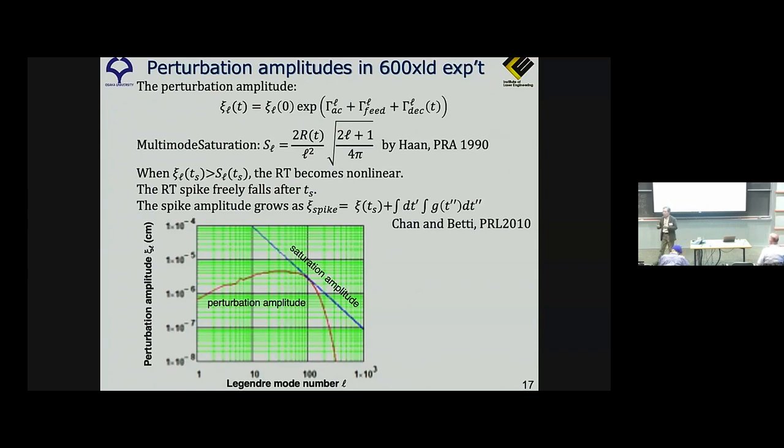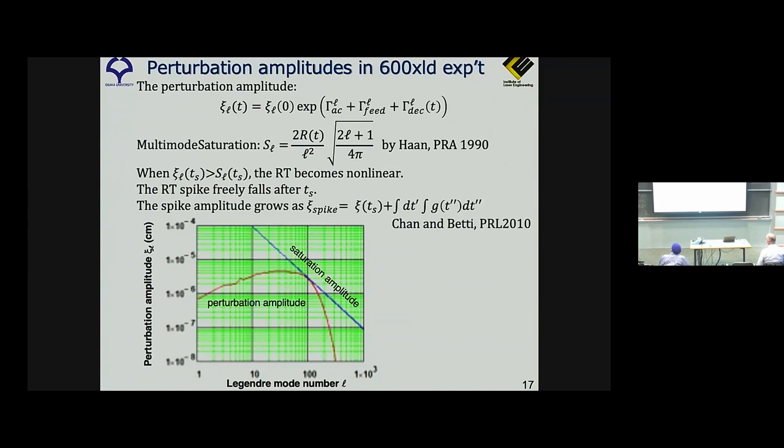If there are many modes with random phase, and some modes construct together to have a real space amplitude, which becomes some fraction of wavelength, and then he found the saturation amplitude for multimode.